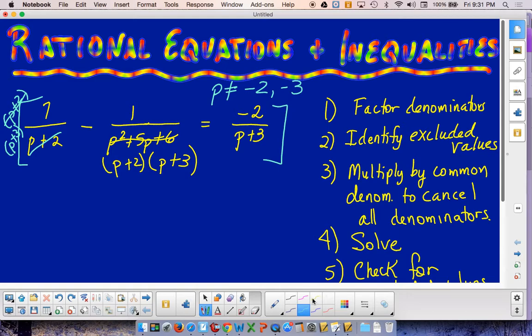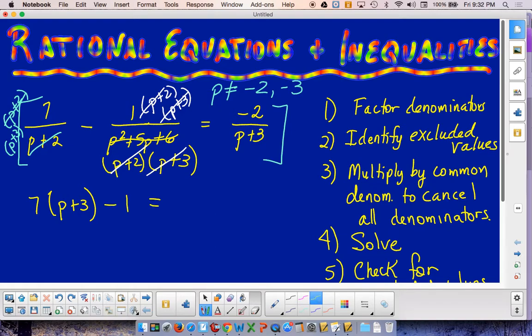What will I have left? I'm going to just write it out carefully. I'm going to have a 7 and a p plus 3 left. When I go to the second fraction and I multiply the second fraction by those same two, p plus 2 and p plus 3, what's going to cancel? Well, in this case, everything's going to cancel. So I'm going to be left with minus 1.